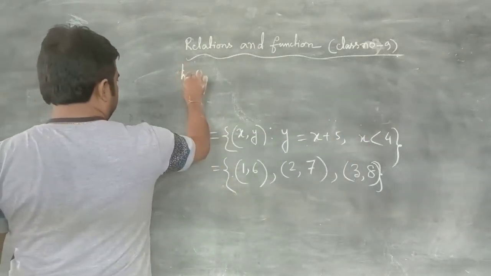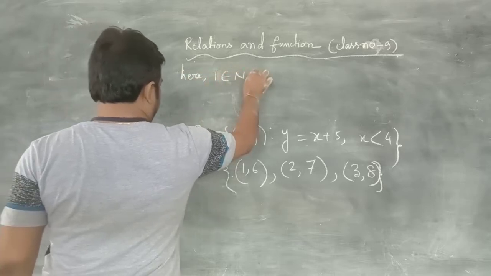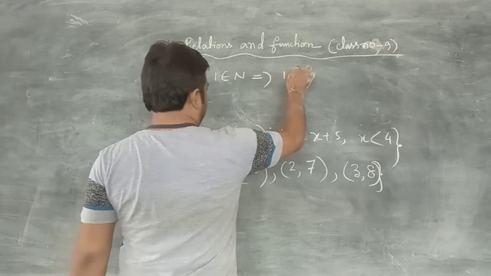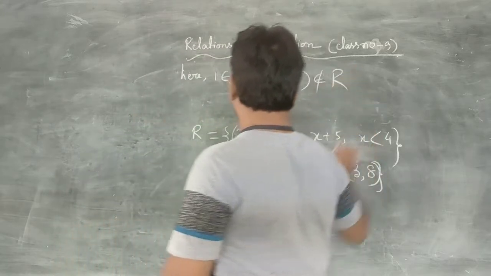Here 1 belongs to N implies that (1, 1) does not belong to R. So R is not reflexive.